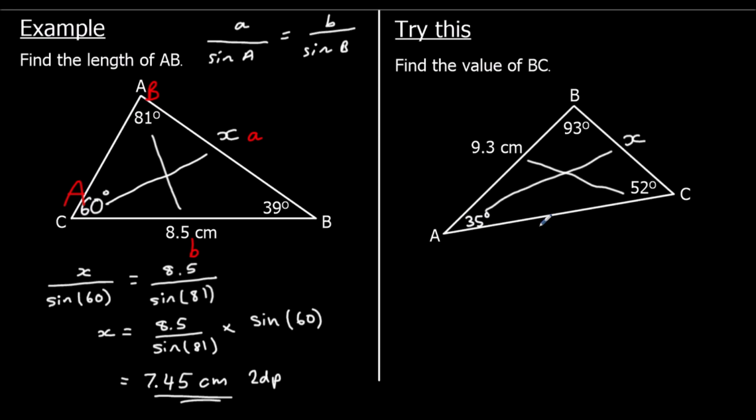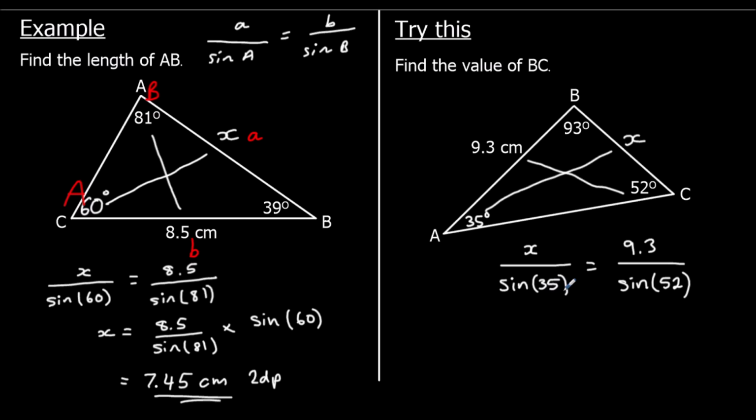So we do know opposites. We've got x and its opposite is 35 degrees. 9.3's opposite is 52 degrees. So we're going to use the sine rule for lengths again. So it's going to be x over sine with its opposite, which is 35, is equal to the other length, 9.3, over sine with its opposite, which is 52 degrees.